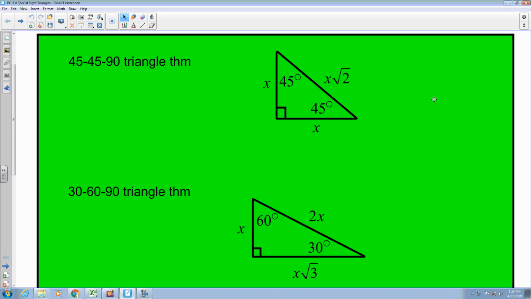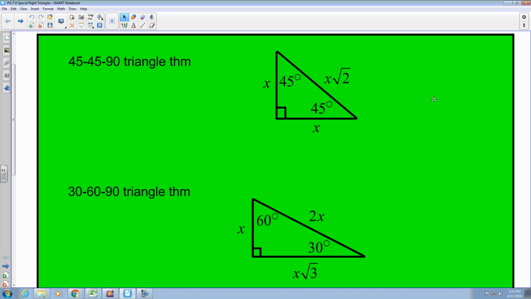What we're going to look at is a 45, 45, 90 triangle theorem and a 30, 60, 90 triangle theorem.